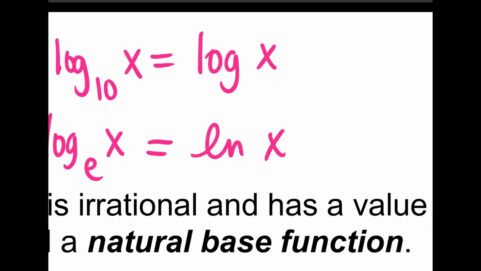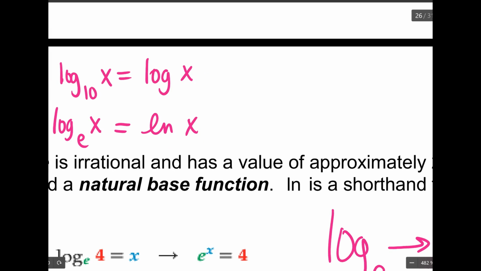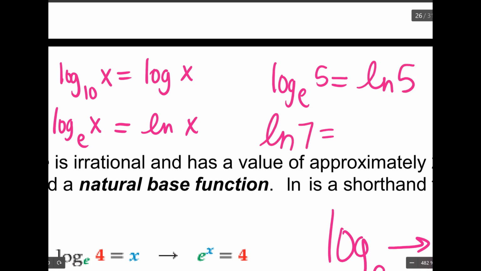So an example: log base e of 5 is the same thing as ln of 5. If I see ln of 7, that's the same thing as log base e of 7. So we must be familiar going back and forth.